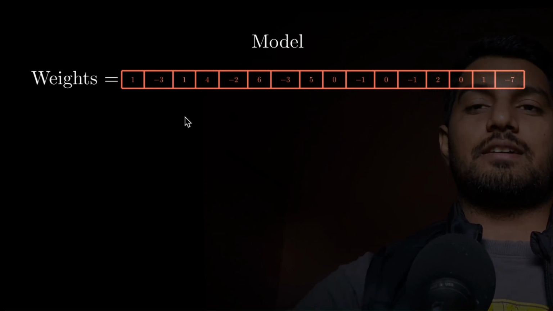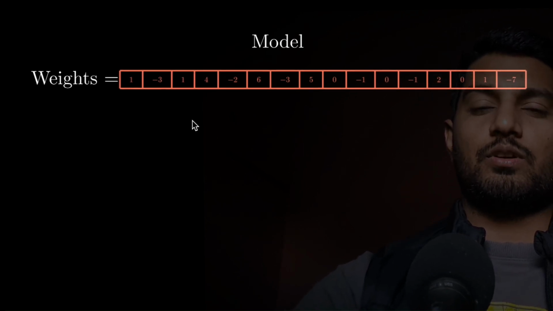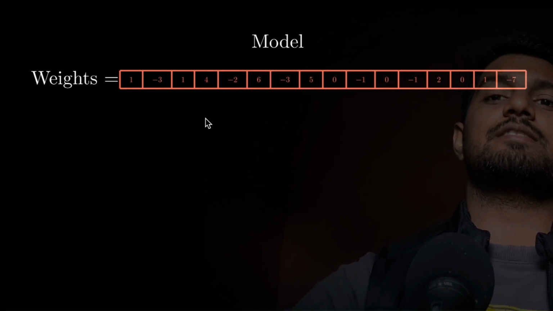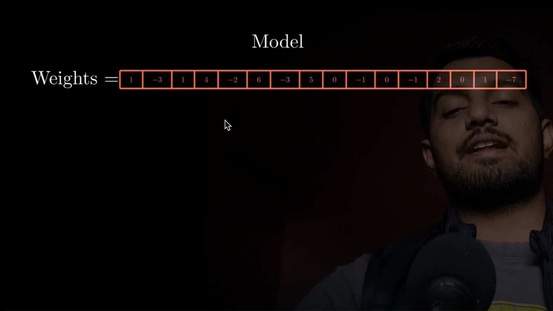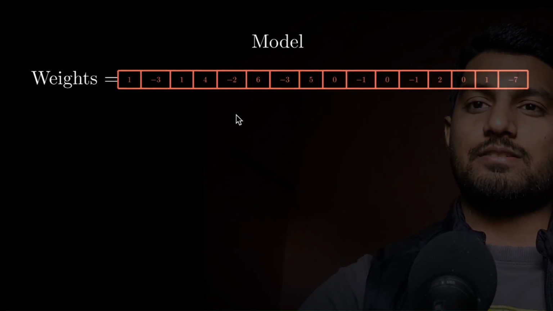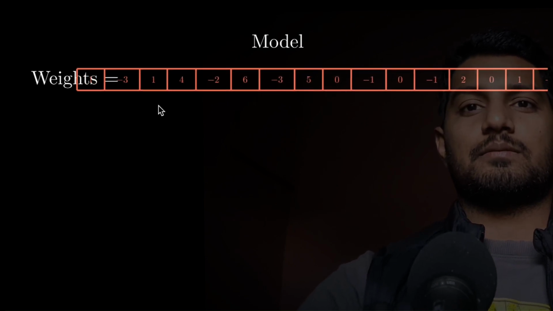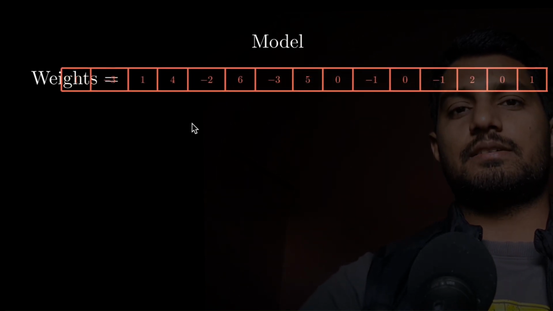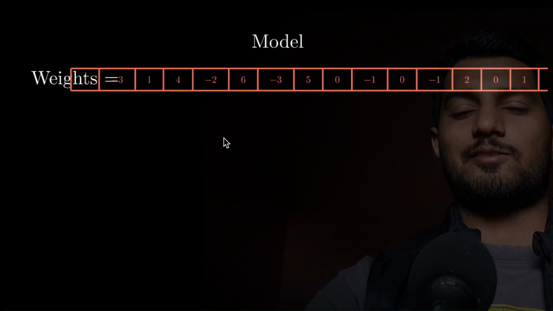And what the training part is, basically, you take these weights and do matrix multiplication, or what we call vector multiplication, right? This is the weight as I have described.